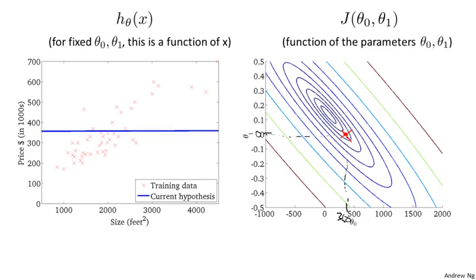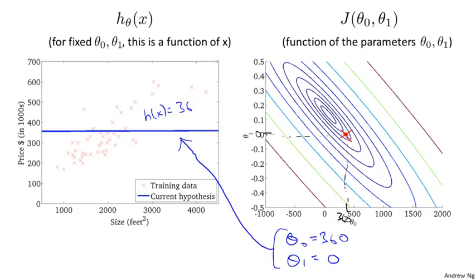So let's write that out: theta 0 equals 360, theta 1 equals 0. And this pair of parameters corresponds to a flat line, h of x equals 360 plus 0 times x. So that's my hypothesis. And this hypothesis again has some cost, and that cost is plotted as the height of the J function at that point.